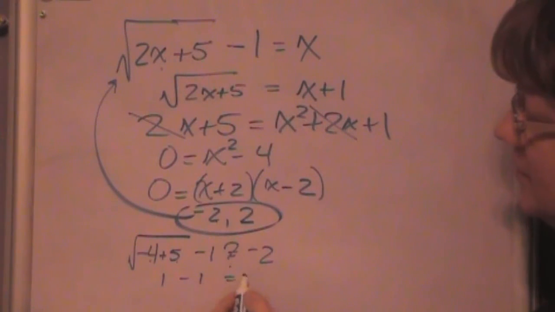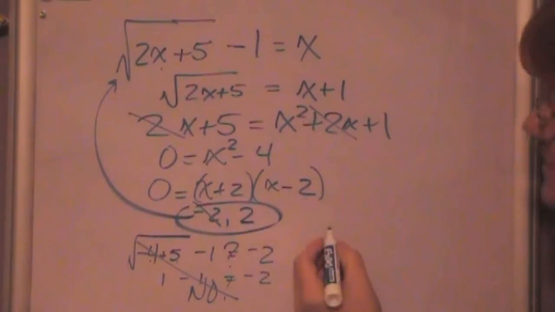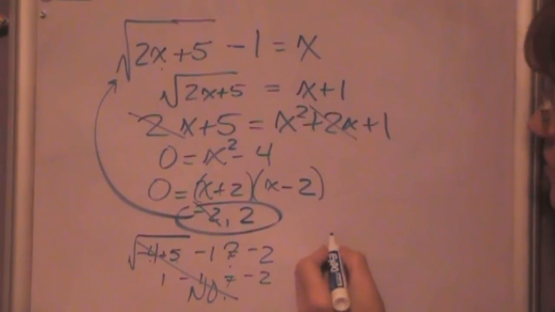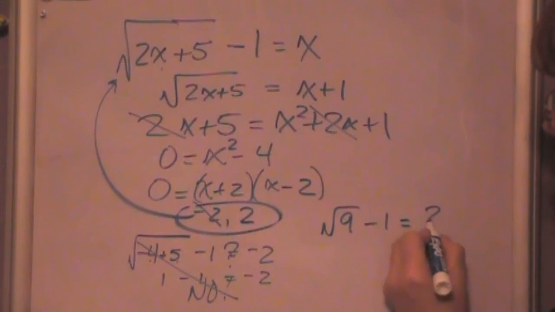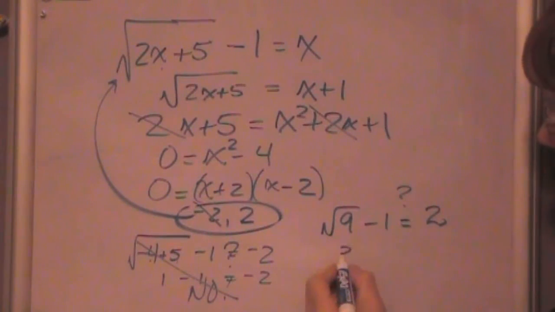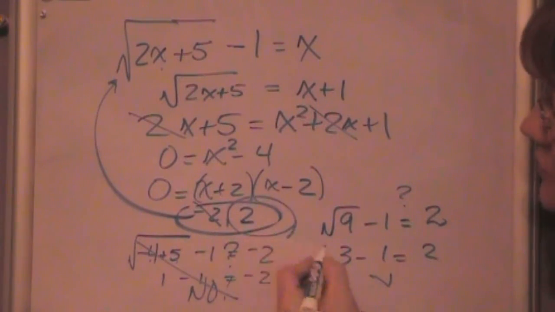Is that in fact equal to negative 2? No. So throw that one out. That one doesn't work. Now we take the positive 2. 2 times 2 is 4. Plus 5 is the square root of 9 minus 1 equal to 2. And 3 minus 1 equals 2. Check, this one works, so 2.